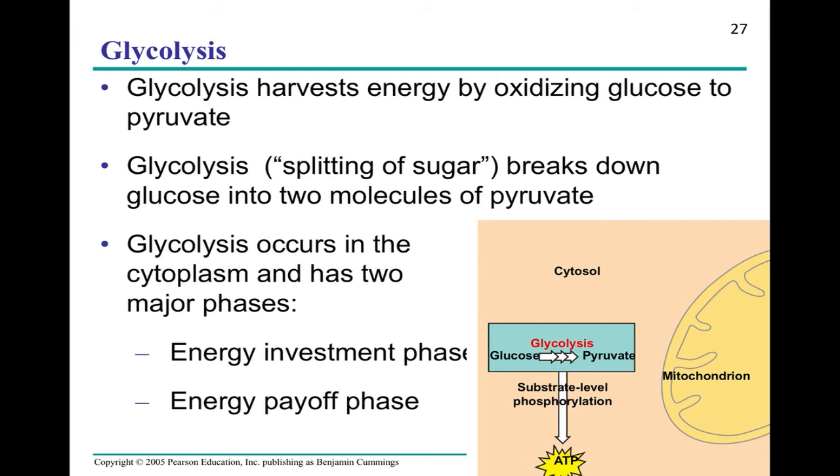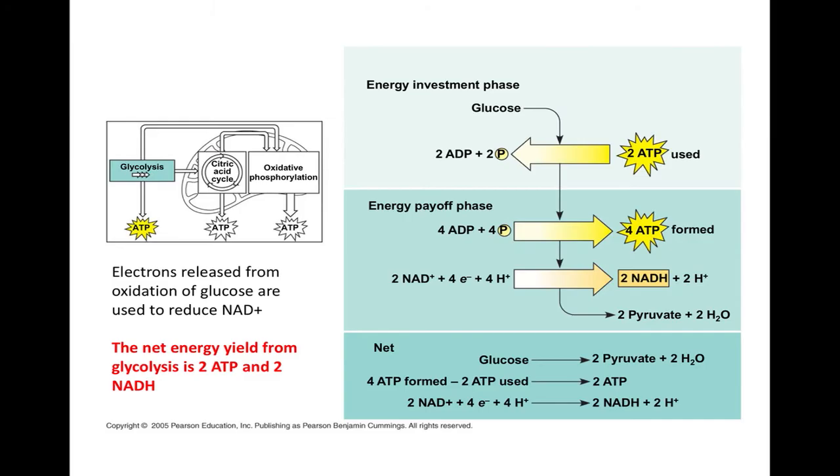Glycolysis has two phases: the energy investment phase, where 2 ATP are used to activate the glucose to start breaking down, and during the energy payoff phase, 4 ATP are formed. The question asks, what is the total number of ATP formed during glycolysis? You would say 4.